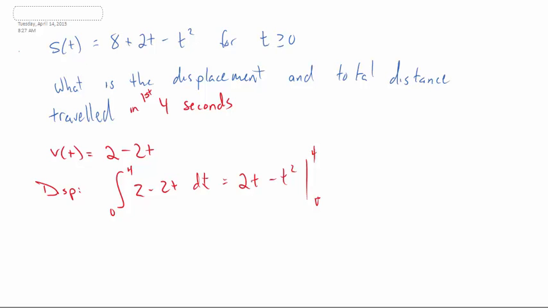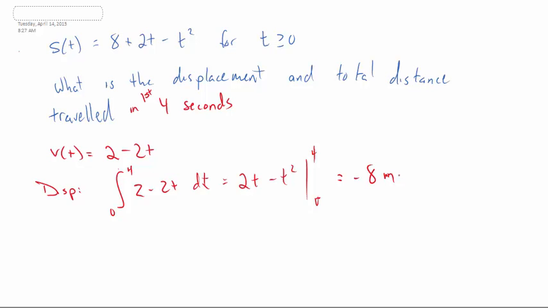The only difference between what we're evaluating and what we started with is we don't have to deal with the plus 8 anymore because this is a definite integral. When we evaluate at 4 and 0, when we subtract, the 8s would go away. And so we do our substitution and we get negative 8 meters for the displacement.